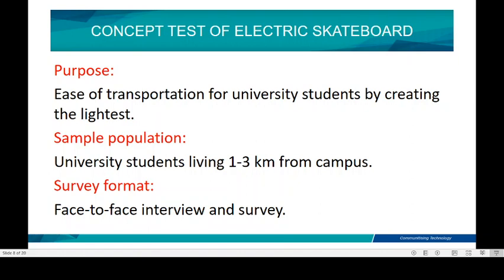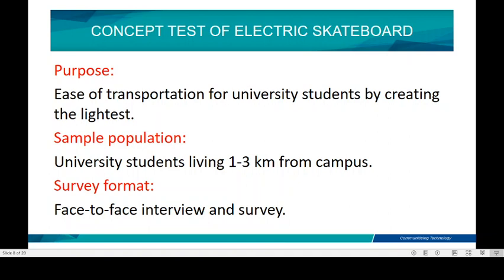It means that the purpose is only for the university students to ease their transportation from their house or from their rooms to the classes or to their faculty, and also in the form of the lightest transportation.